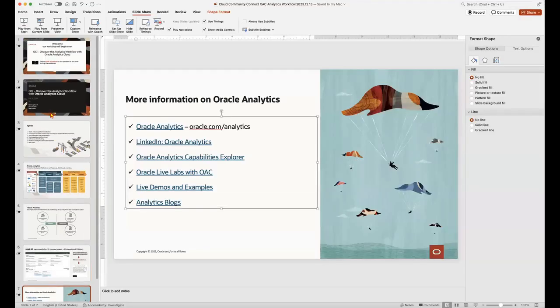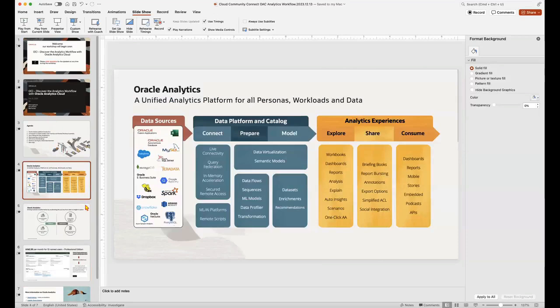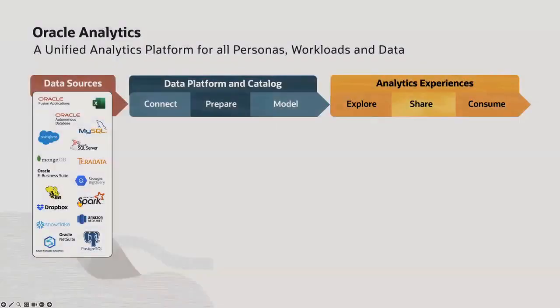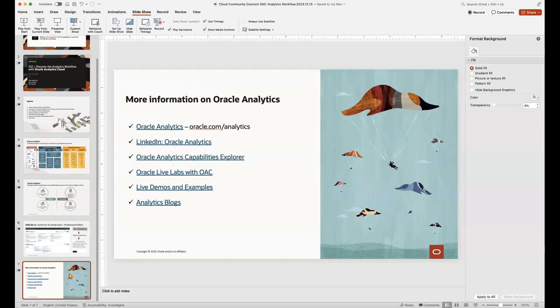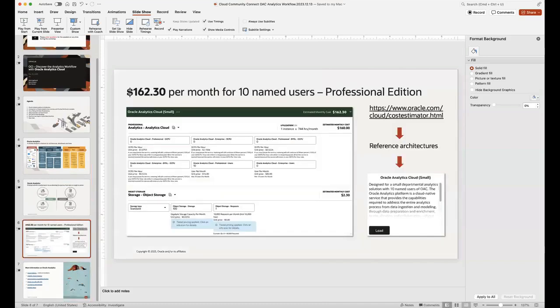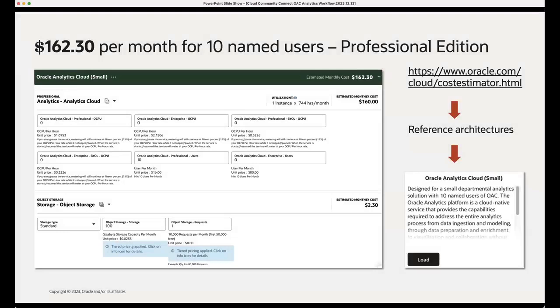The second is, and if you want to bring that slide back up, everything you saw here except the semantic layer, which was that pre-curated thing, is available in the professional edition. So for $162.30 a month, you get 10 named users of professional edition, and you can use any of the capabilities.